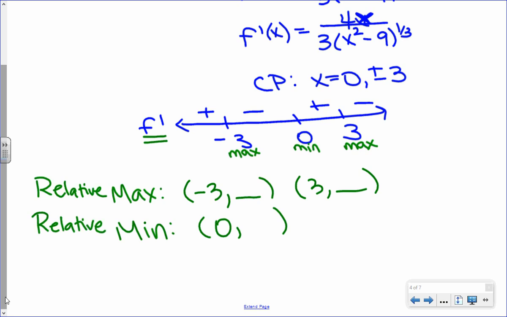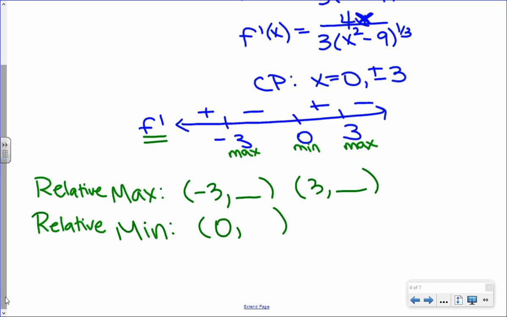If I want to know the coordinates of my minimums and maximums, what am I going to do with the numbers 3, -3, and 0? Plug them into the function. If I plug them into the derivative, we're going to get 0 or undefined because they're our critical values. All right? We need to go back to the function.